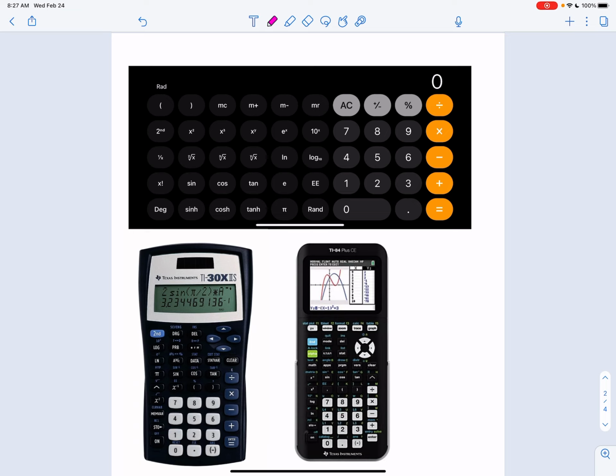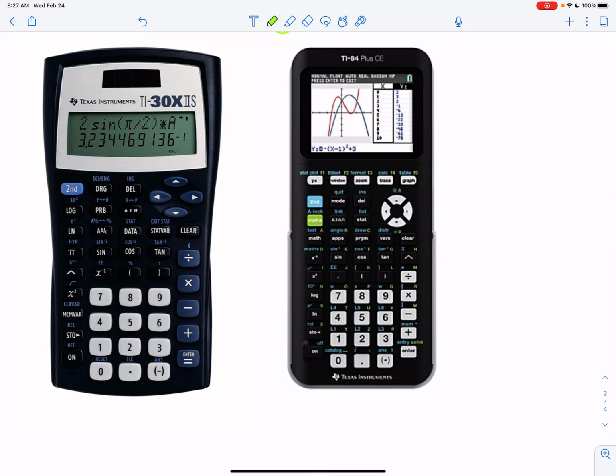If you were using the iPhone's calculator, the pi button is right here. If you were using the scientific calculator, this is probably the most common one, but don't worry if you have a different version because it's all there. Pi is a button right here, so you kind of have to look around.